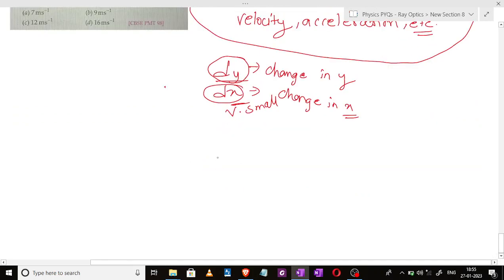So let's learn the differentiation d/dx of x to the power n. This d/dx gives us the information that we have to differentiate with respect to x. So d/dx of x to the power n is equal to n x to the power n minus 1.